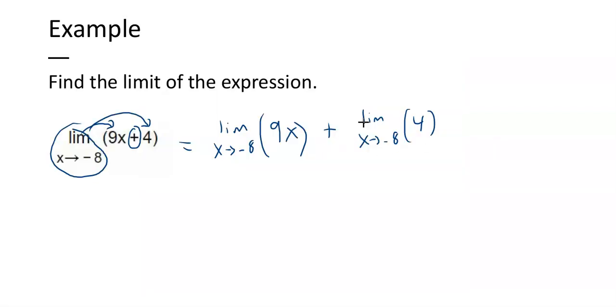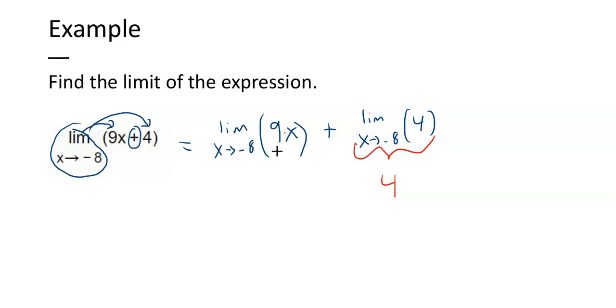And that's what we have here, right? 4, there's no x in that expression, it's just the number 4. According to that property, this will just equal 4, right? So the limit of a constant just equals that constant. It doesn't matter what x is approaching, right? x could be approaching -8, x could be approaching 0. That limit is just going to be that number, right?